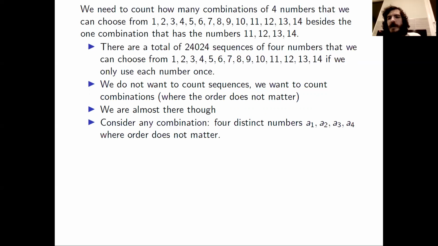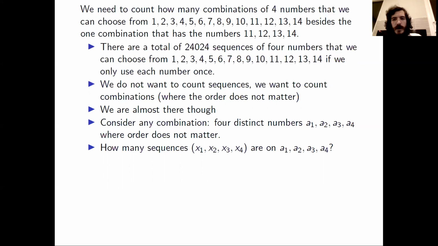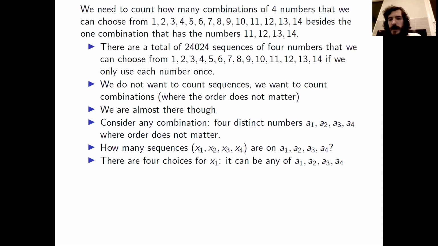So let's consider any combination. We have 4 distinct numbers, A1, A2, A3, and A4, and the order does not matter in the combination. And here's a question. How many sequences x1, x2, x3, x4 are on the numbers A1, A2, A3, A4? We can calculate it the same way as we've been doing. We have 4 choices for x1.